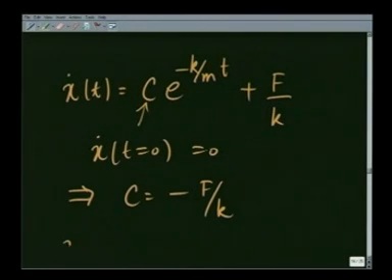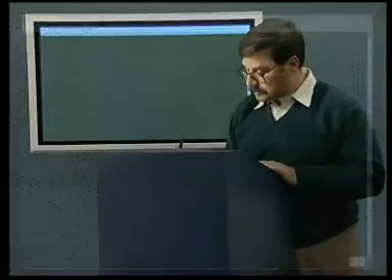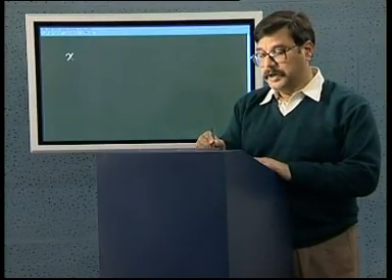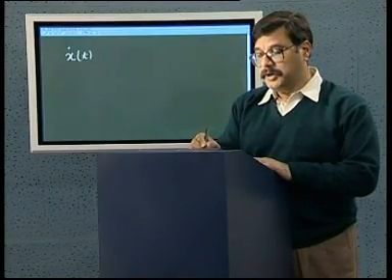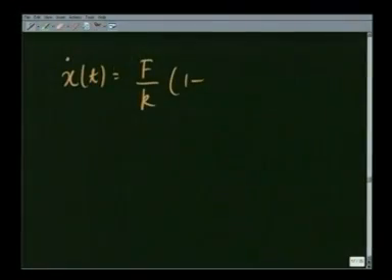The solution with this initial condition comes out to be x dot t equals F over k times (1 minus e raised to minus k over m t). Let us now look at this solution carefully. So I have x dot t equals F over k times (1 minus e raised to minus k over m t).